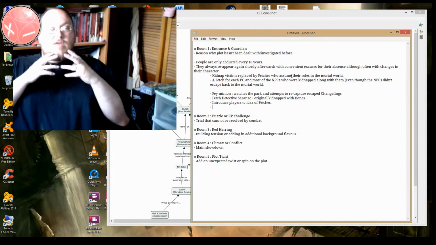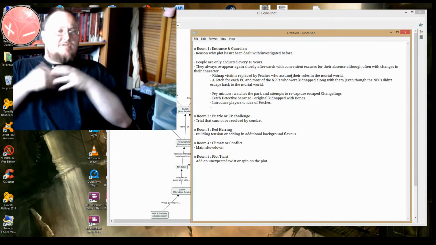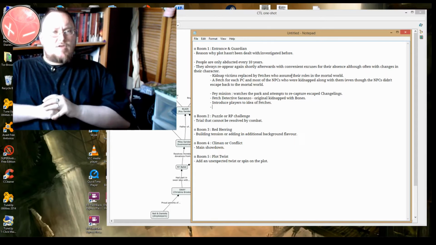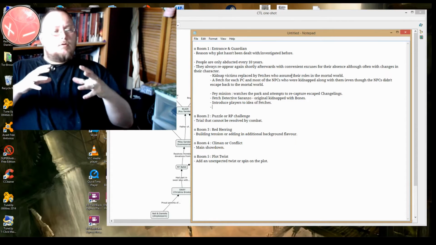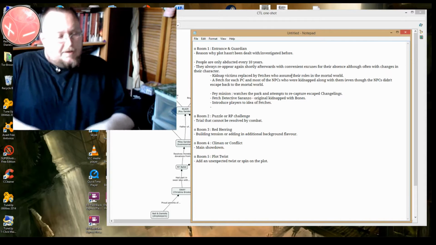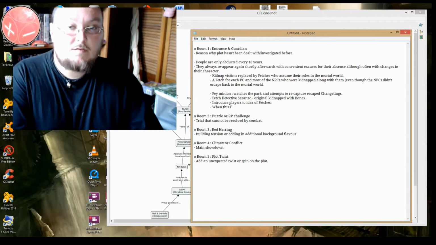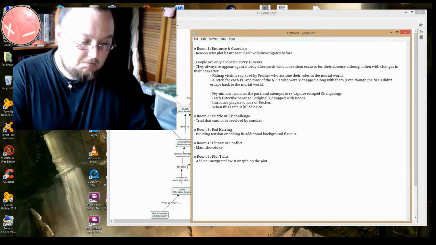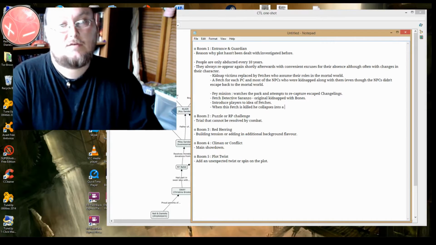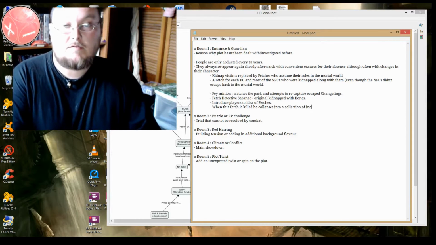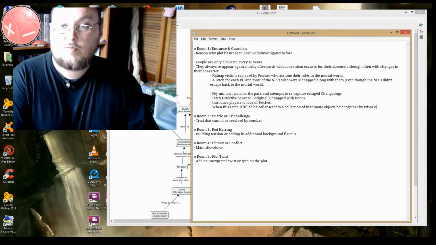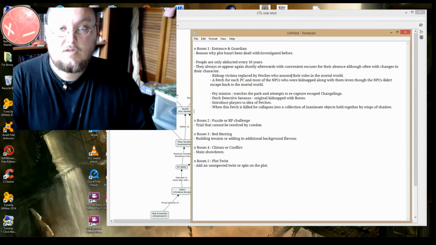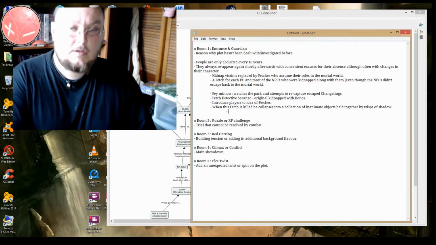And since I wanted the players to get the idea that the fetches are artificially created creatures, they're not so much human, but things that are made by the Fae, I'm going to say that when this fetch is killed, he collapses into a collection of inanimate objects held together by wisps of shadow.